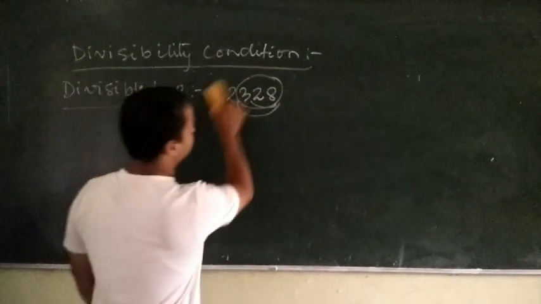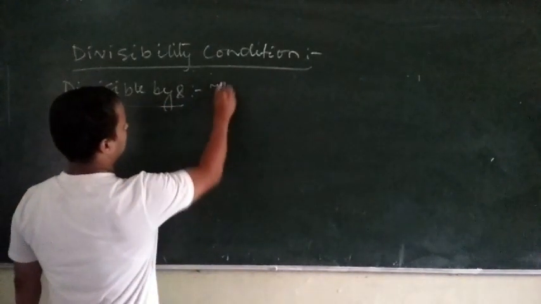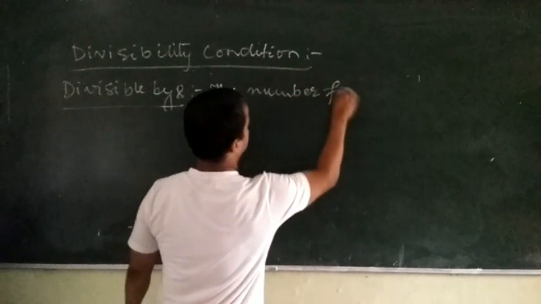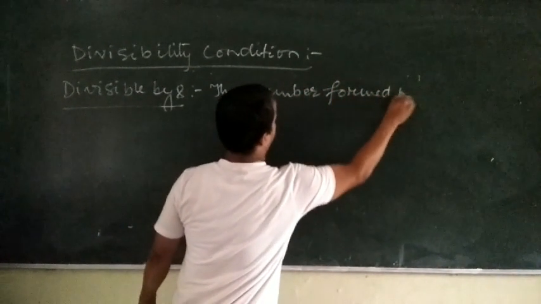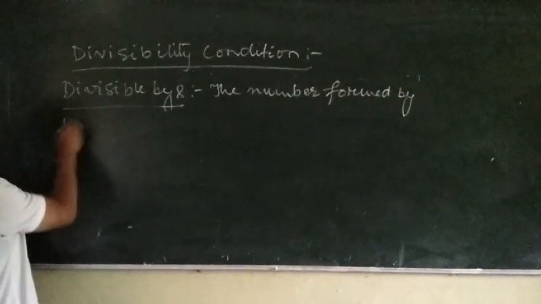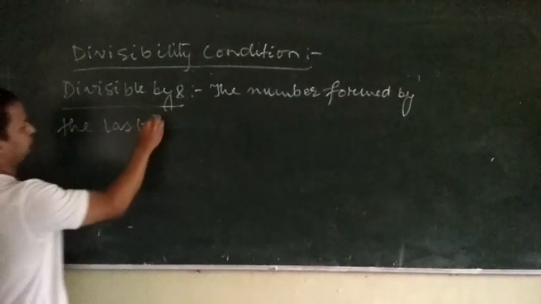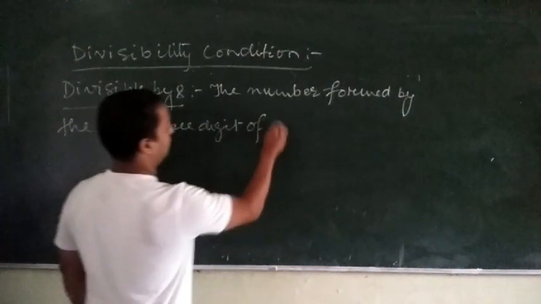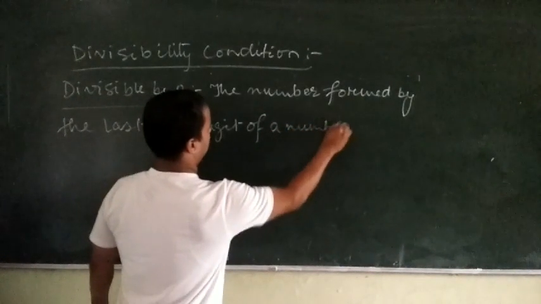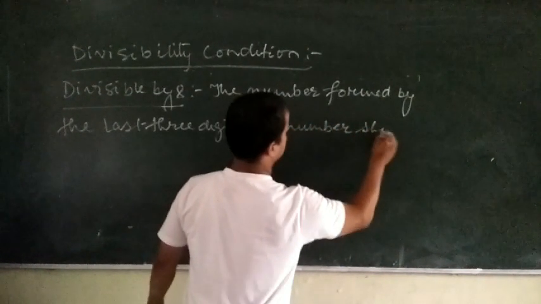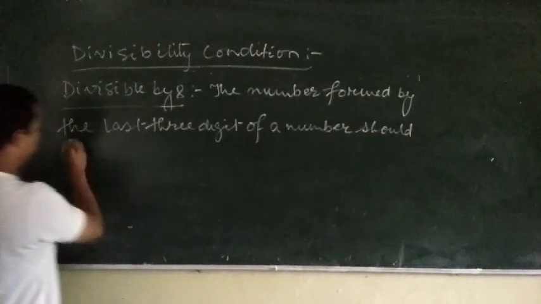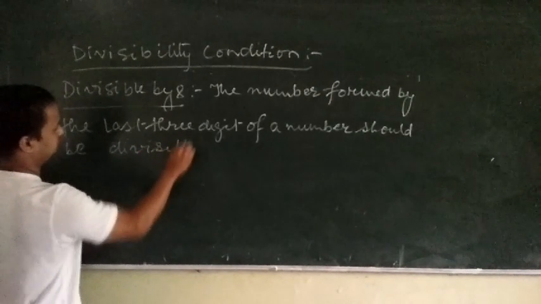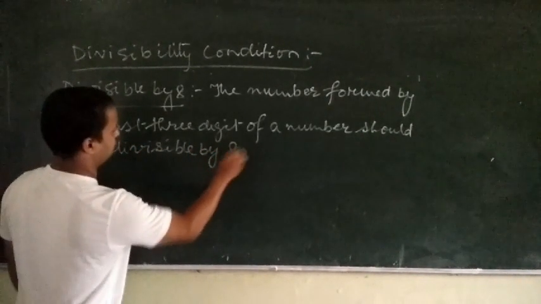So what is the statement? The number formed by the last 3 digits of a number should be divisible by 8.